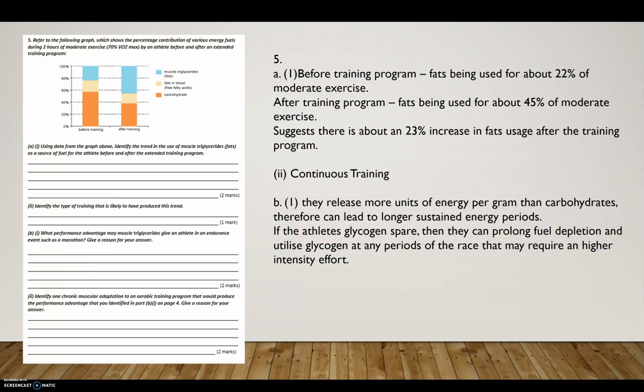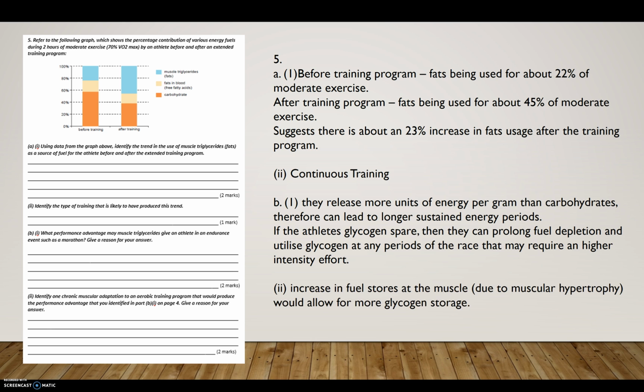Identify one chronic muscular adaptation to an aerobic training program that would produce the performance advantage that you identified in part B. All right. Give reasons for your answer. So, all right, increased fuel stores at the muscles due to muscular hypertrophy would allow for more glycogen storage. Some people talked about mitochondria, which was great.